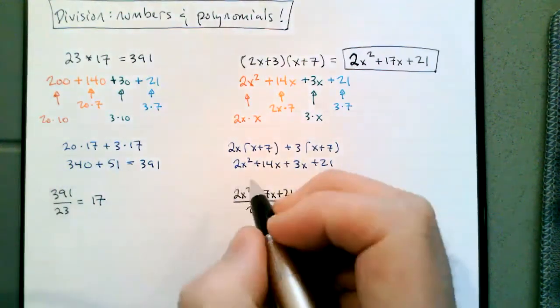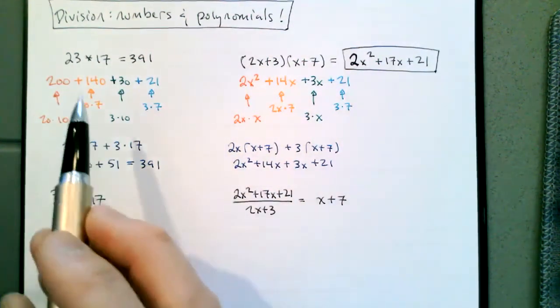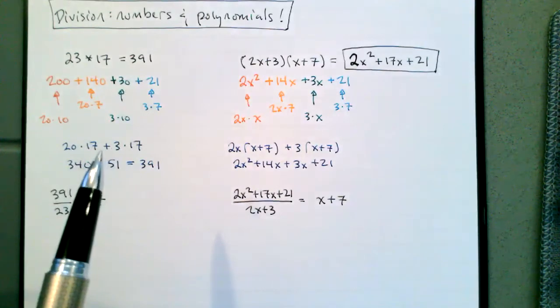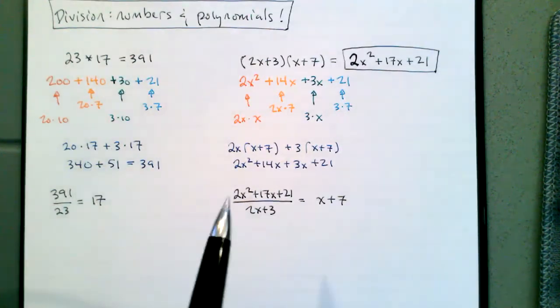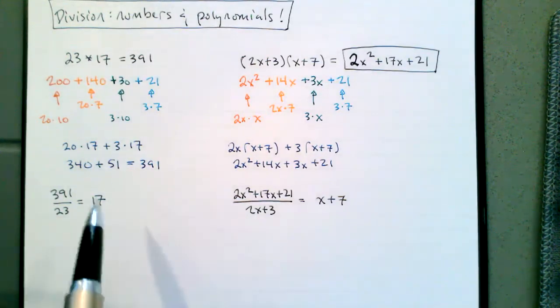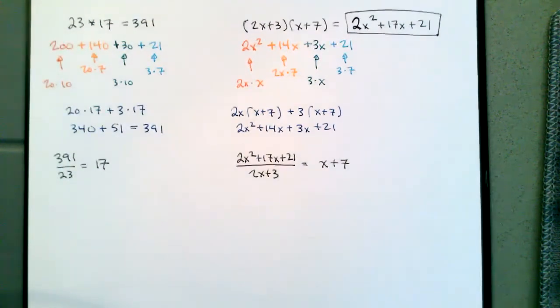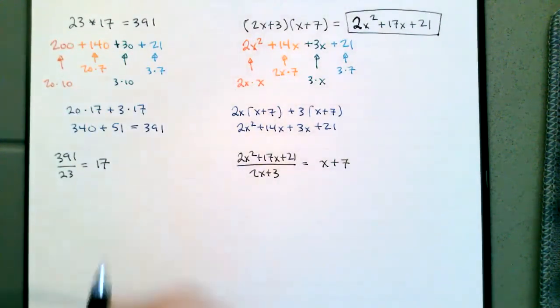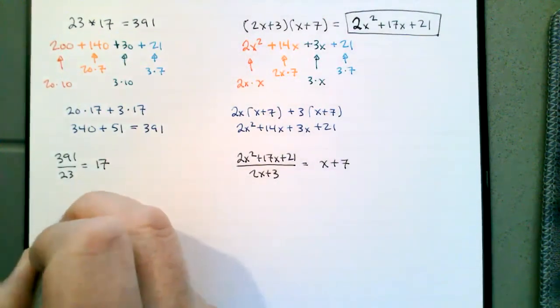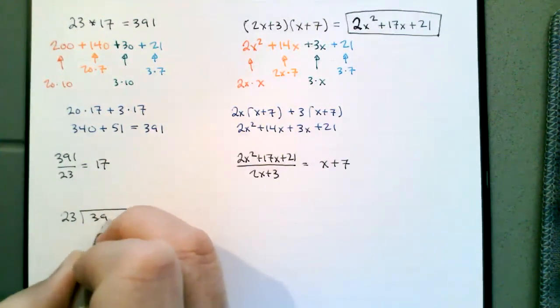Now we can do this in terms of long division. This is what should happen. This is what we know. If we already know that 23 times 17 is 391, then we also know that 391 over 23 is 17. So we should get 17 if we do the division of 391 by 23.